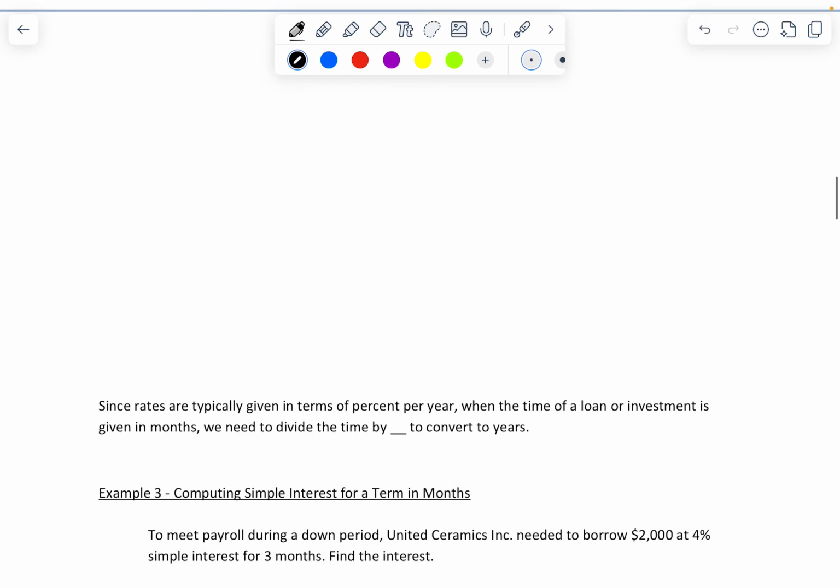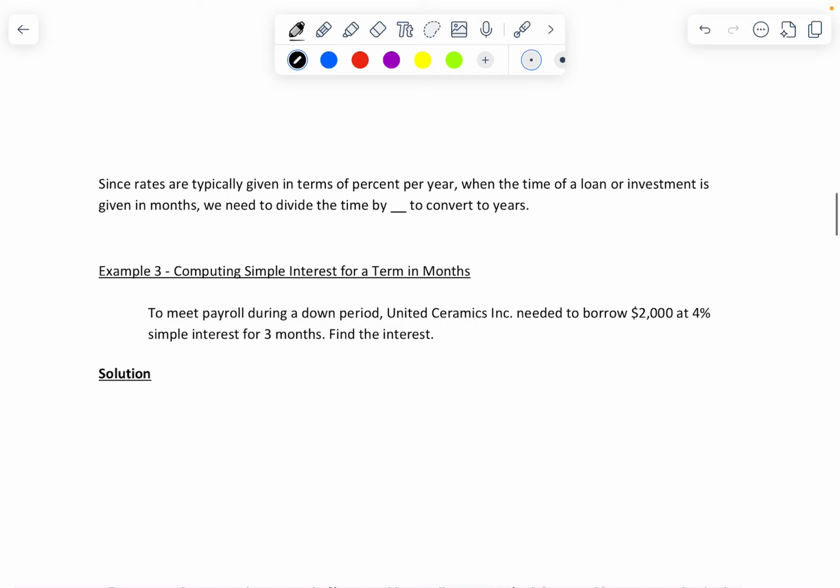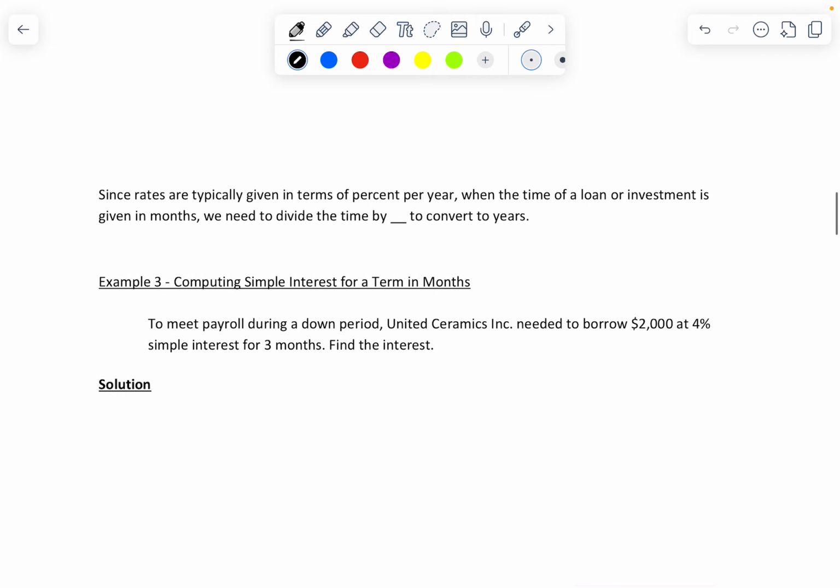So let's take a look at example 3. To meet payroll during a down period, United Ceramics Incorporated needed to borrow $2,000 at 4% simple interest for 3 months. Find the interest. All right, let's come down here. So we will still use the simple interest formula.